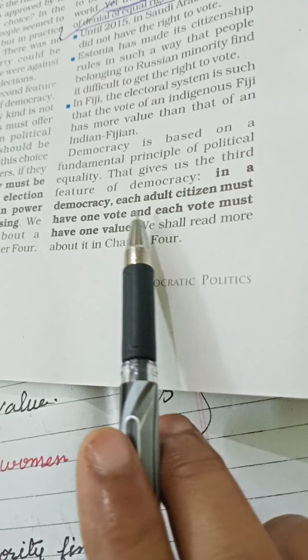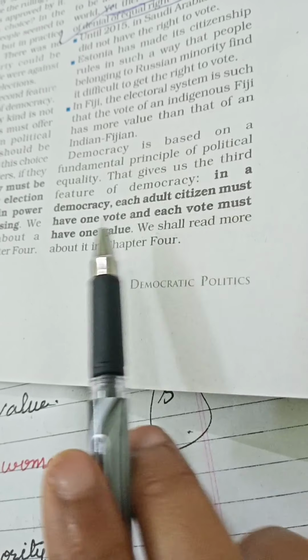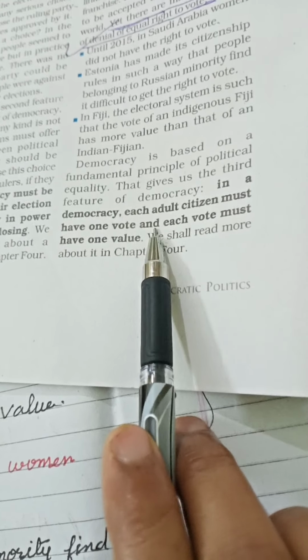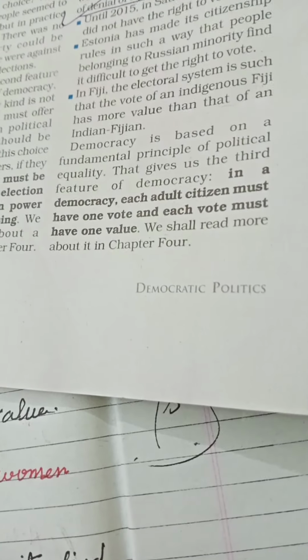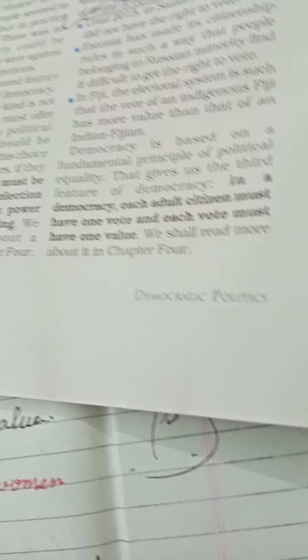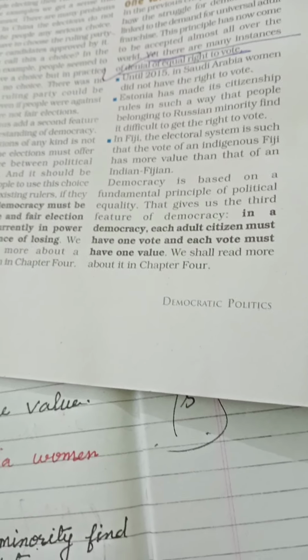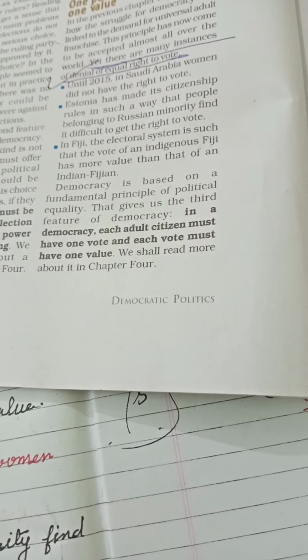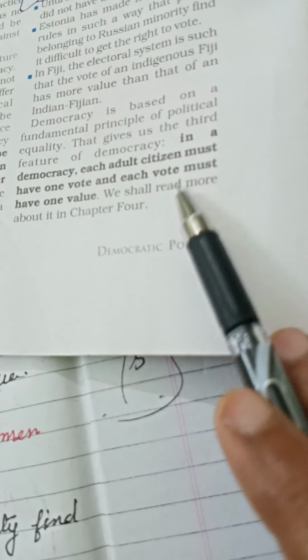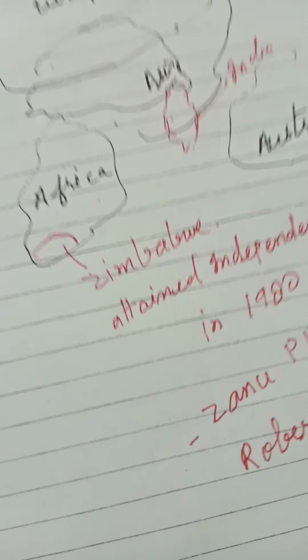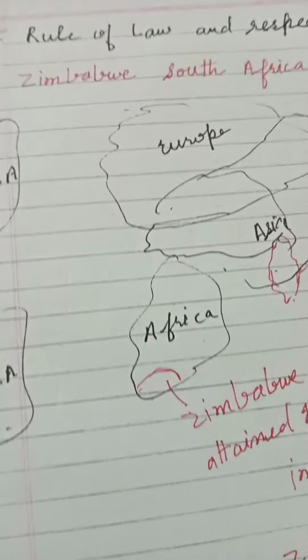But in Saudi Arabia, you have seen, till 2015 there was no right to vote for women. In Fiji, the vote value must be equal, one, but what we have seen is that the vote value is not equal. Now come on to the fourth one.